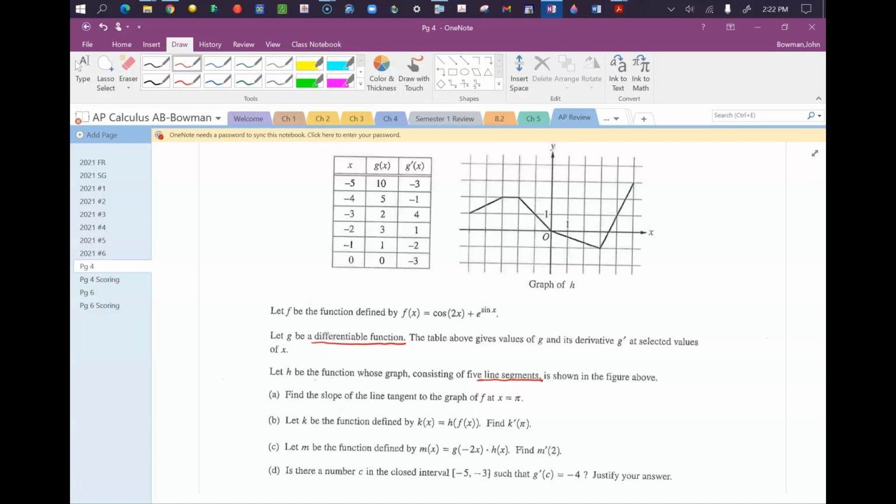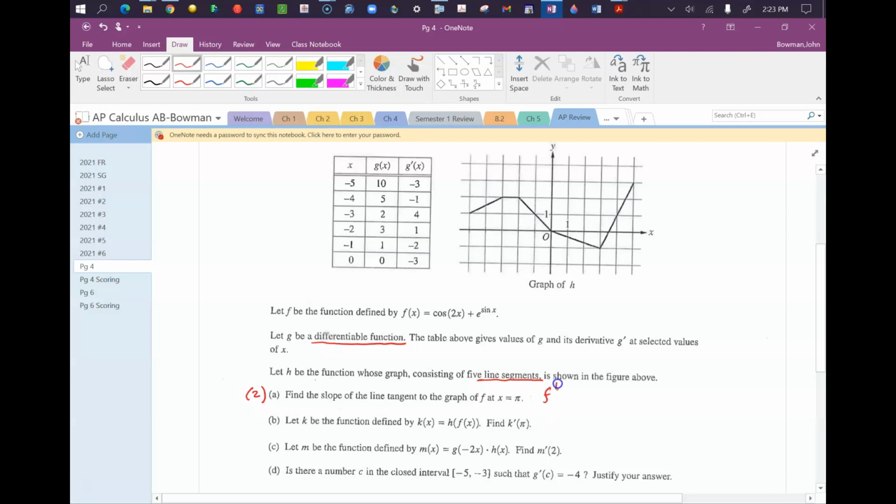Part A says find the slope of the line tangent to the graph of f at x equal pi. That is a 2-point portion of that question. And literally to find that, we simply need to find f prime of x and evaluate it at x equal pi.